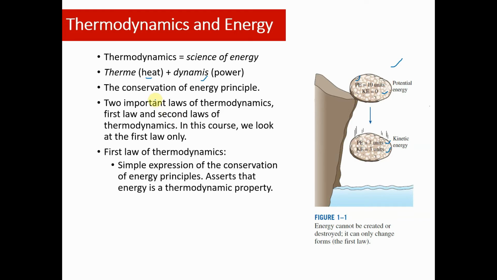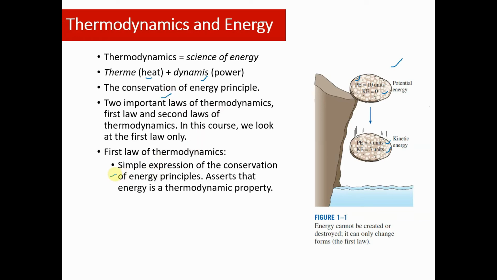So this is the basic example of what the conservation of energy principle means. For thermodynamics, we actually have two laws: the first law of thermodynamics and the second law of thermodynamics. For this course, we are just going to look at the first law of thermodynamics. So, what does the first law of thermodynamics say?